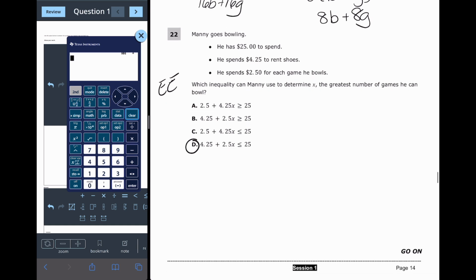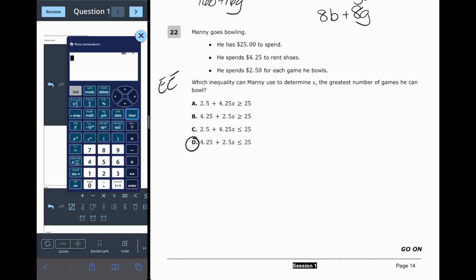The next one is an inequality problem. Manny goes bowling. He has $25 to spend. Automatically, as soon as I hear that, I know it's going to be an inequality because we can't spend more than $25. So my head is already going, we can spend exactly $25 or less than $25. So keep going.